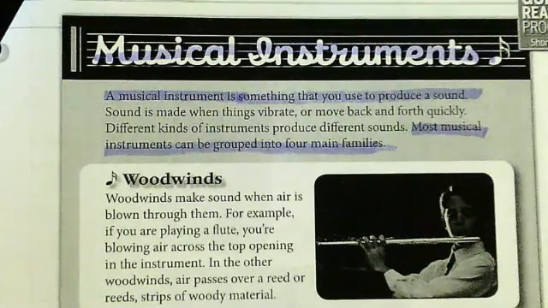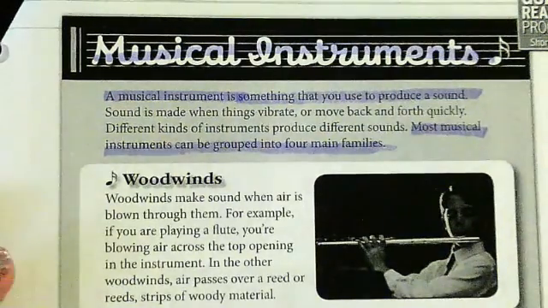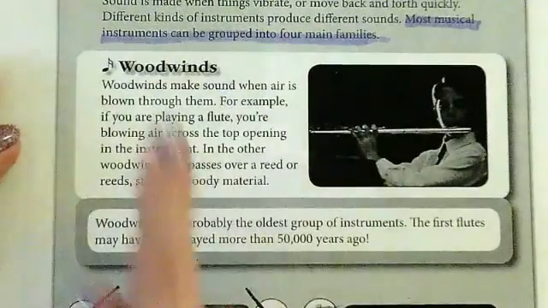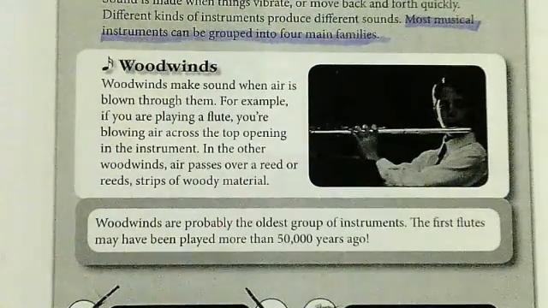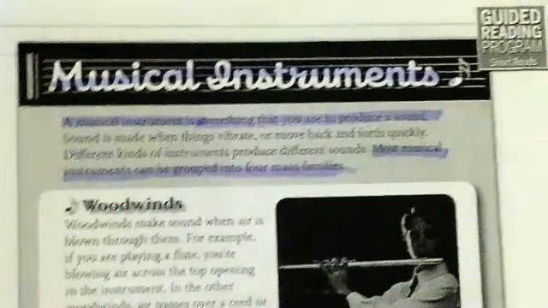So what purpose did the author have for writing this? Why would an author sit down and write a piece about musical instruments and the families that they go into, the 4 main families? Well, obviously, the author would like us to know the information about the 4 different types of families that a musical instrument can be placed into.